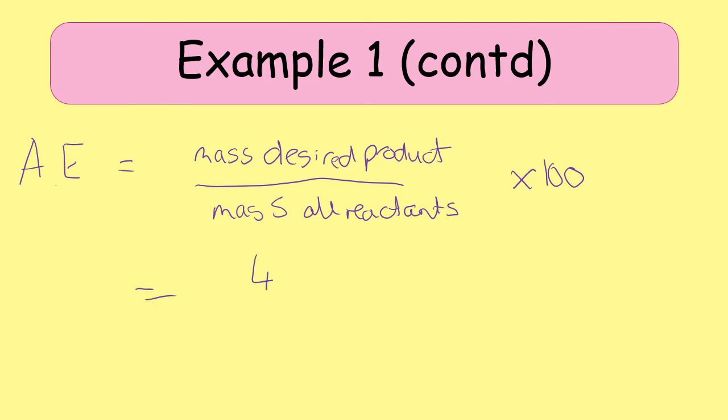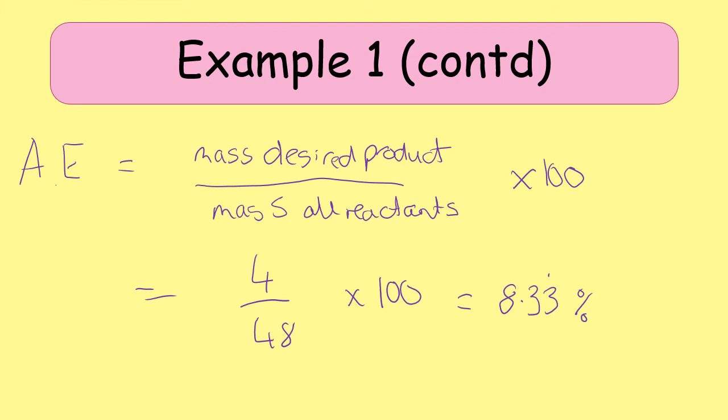So that was 4 divided by 48, multiply by 100, and this comes out to be 8.33. It's actually 8.333 recurring, so you could put the dot there if you wanted. But 8.33% to 2 decimal places.